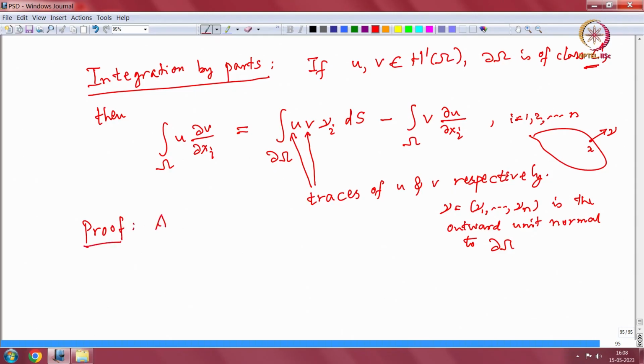The proof is just one line: approximate u and v by C1 omega bar functions and pass to the limit.